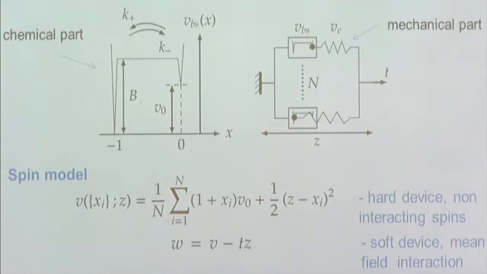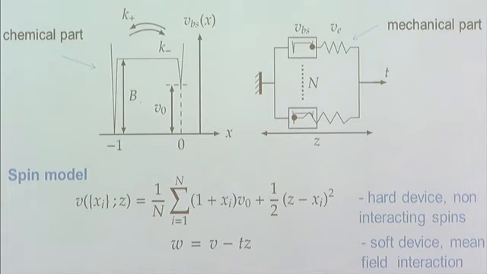and then we look at the energy of the system. The energy of the system depends on the states of individual units. Individual units here, spins, have two values, 0 and -1. So if x_i is -1, the value of energy is 0. If x_i is 0, then the value is V naught.